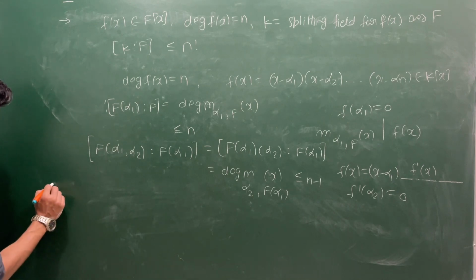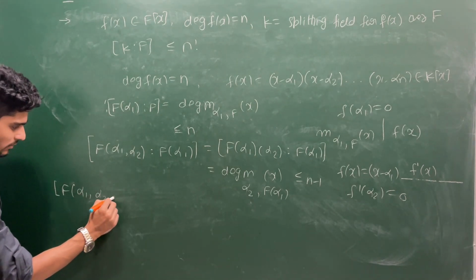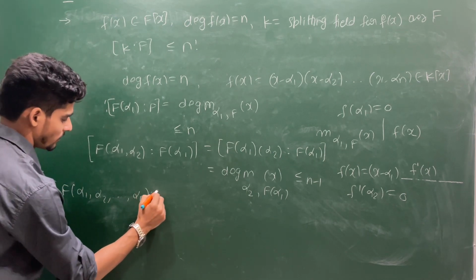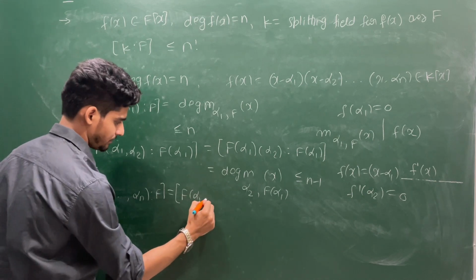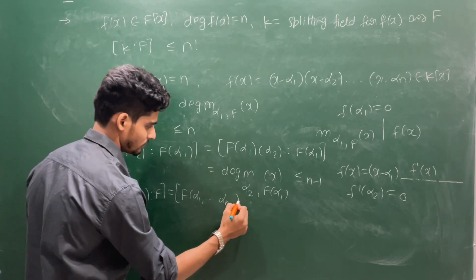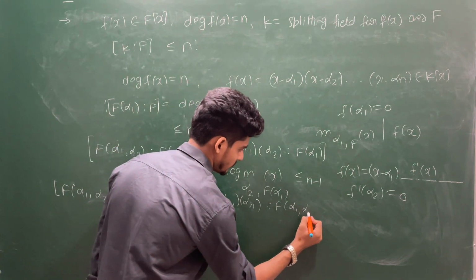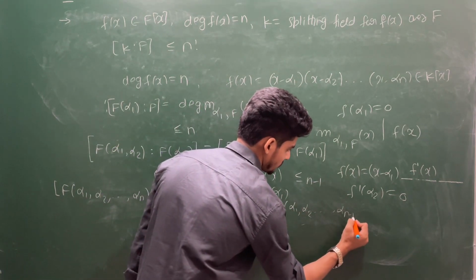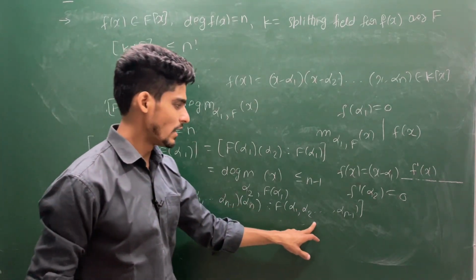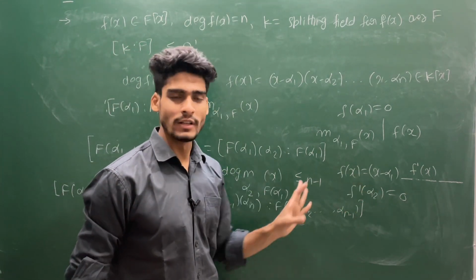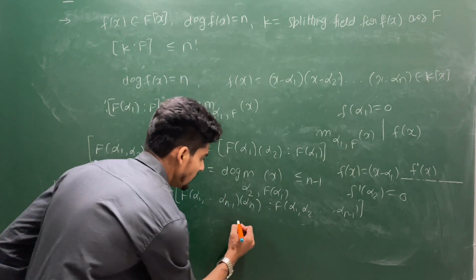You will have a situation like this. You are looking for the degree of this extension. You will write this, then the second term will be F(alpha 1, alpha 2, up to alpha n minus 1) over the field F(alpha 1, alpha 2, up to alpha n minus 2), and so on.